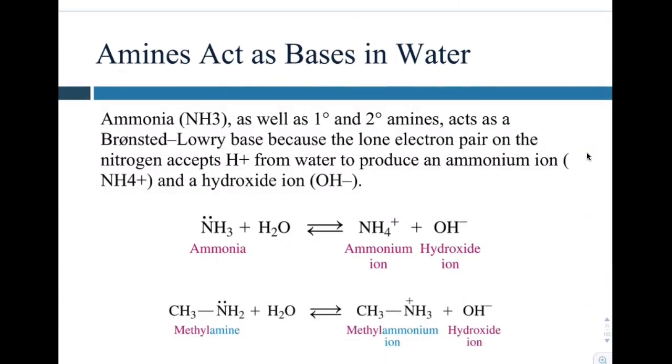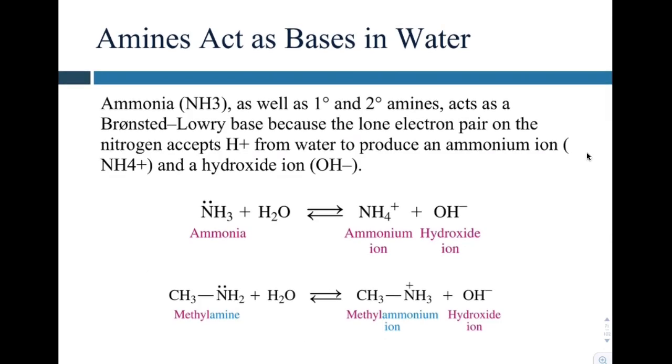So amines, just like ammonia, will act as bases. You need to know that ammonia is a weak base. Well, so is an amine. And so you'll see here my methylamine taking on a hydrogen from the water to make the methyl ammonium ion.